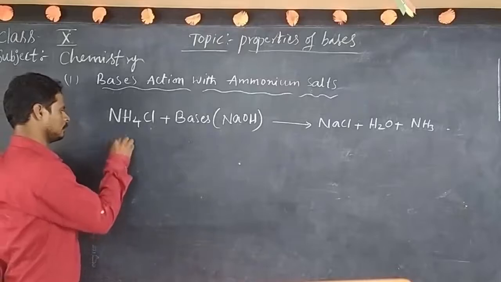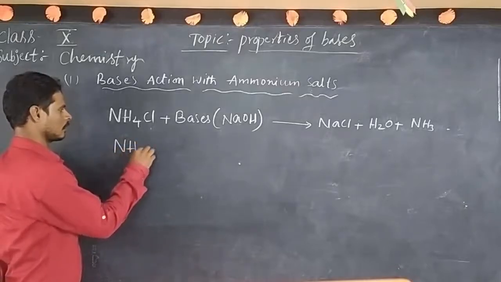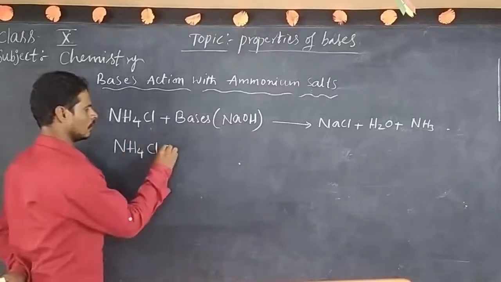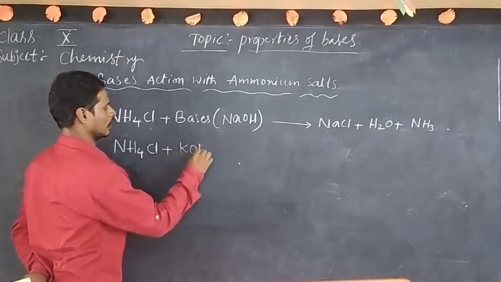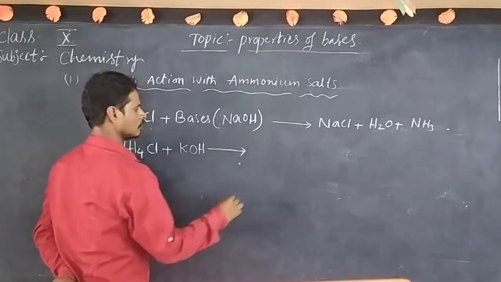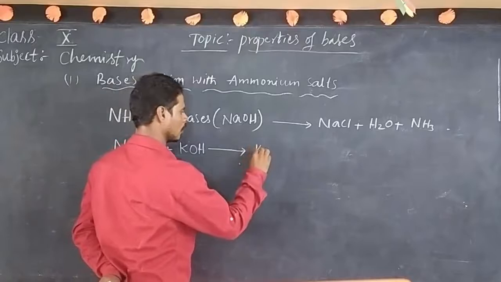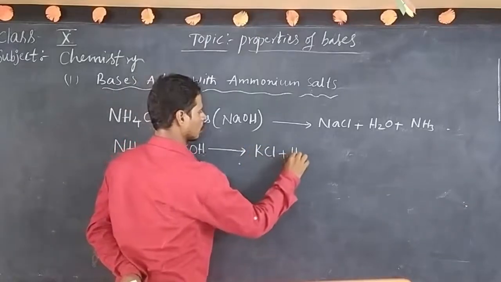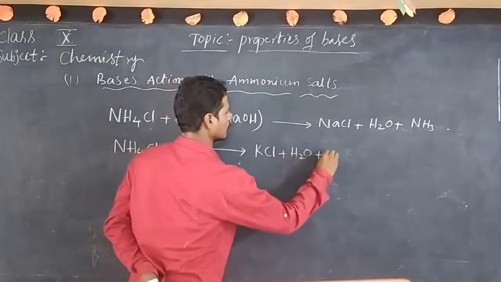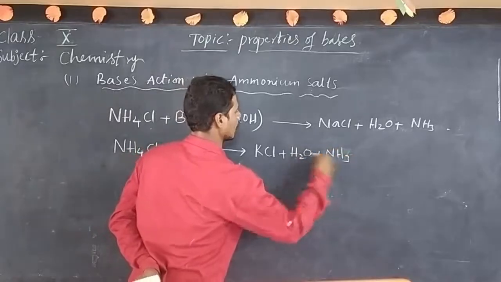Ammonium chloride reacts with potassium hydroxide to form potassium chloride plus water plus NH3, ammonia.